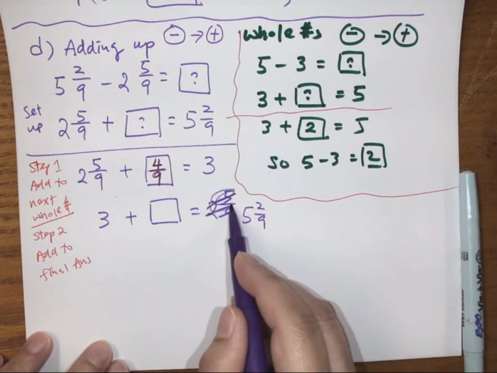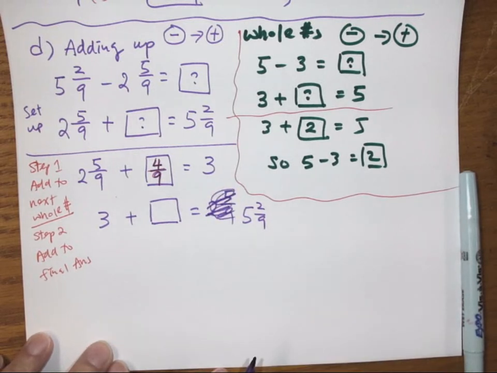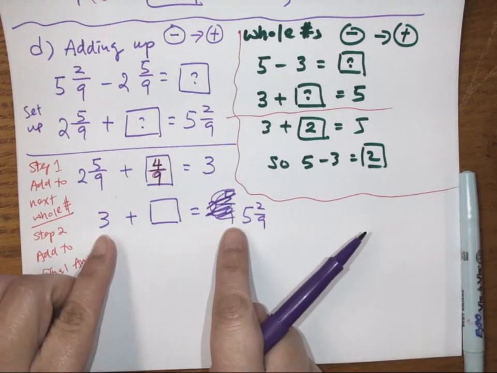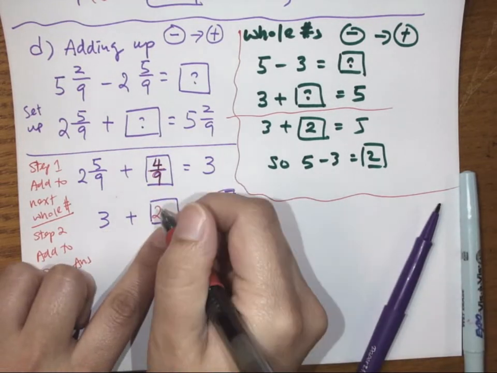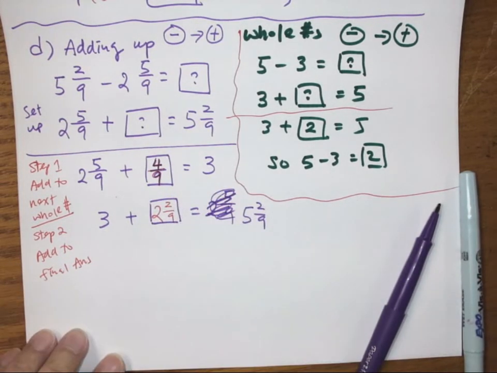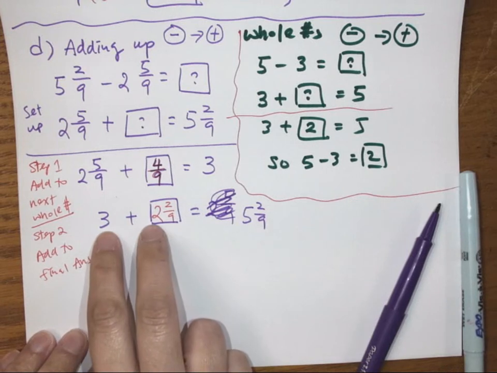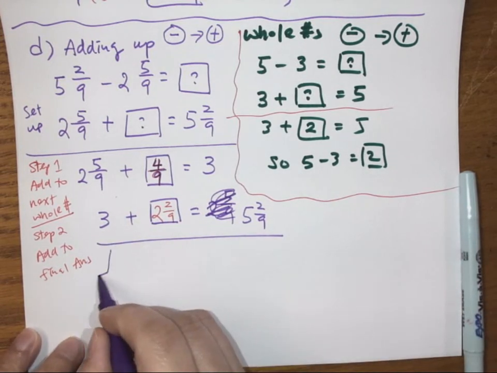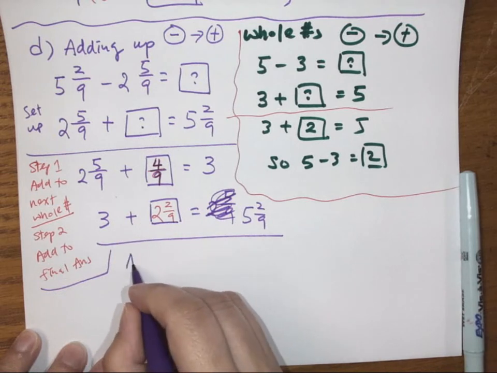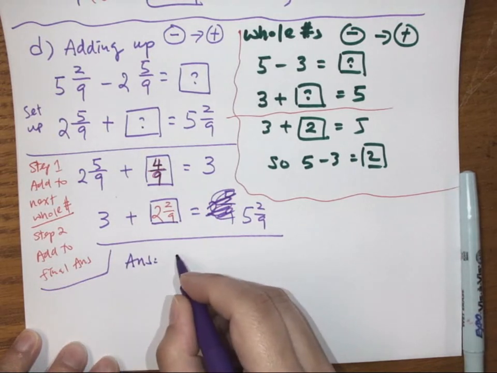So what would that be? 3 plus 2 is 5, right? And I need 2/9 more. So this is 2 and 2/9, and 3 plus that is 5 and 2/9, right? So together we can find the final answer. The final answer is going to be the sum of the boxes.